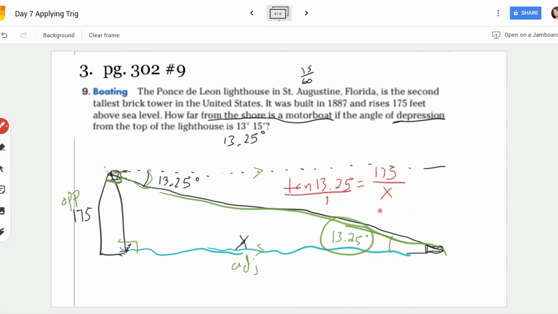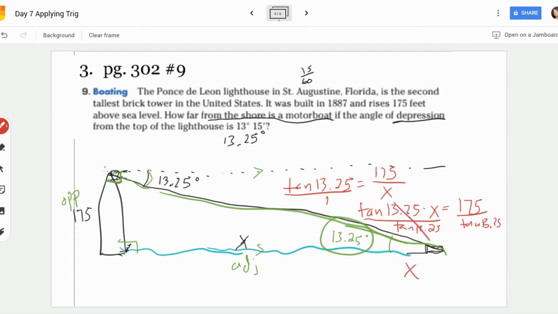You can write it all out again, but I don't want to. This is tan of 13.25. When you cross multiply, it's now times x, and on the other side, 1 times 175. Once again, we're dividing by this tangent of 13.25.